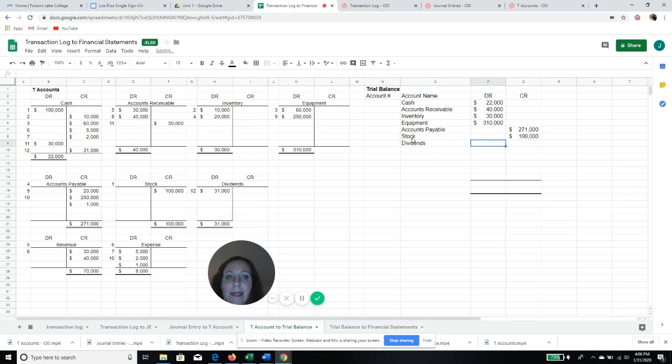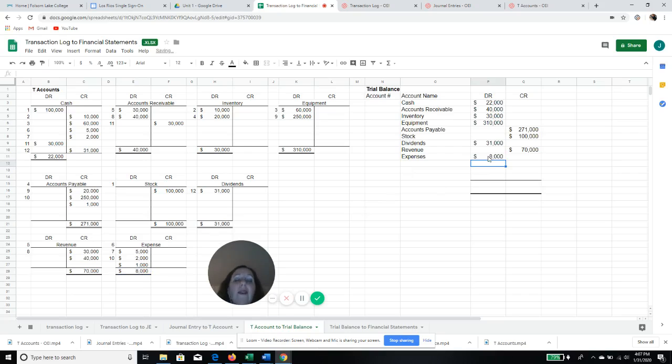Dividends has an ending debit balance of $31,000. Revenue has an ending credit balance of $70,000. And finally, our expenses, which have an ending debit balance of $8,000.